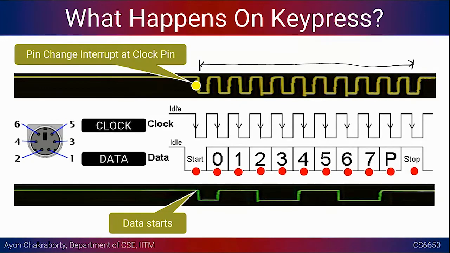So from our point of view, as I'll explain, it is about how to capture this in the ISR, process the data, and basically compute which key is being pressed.